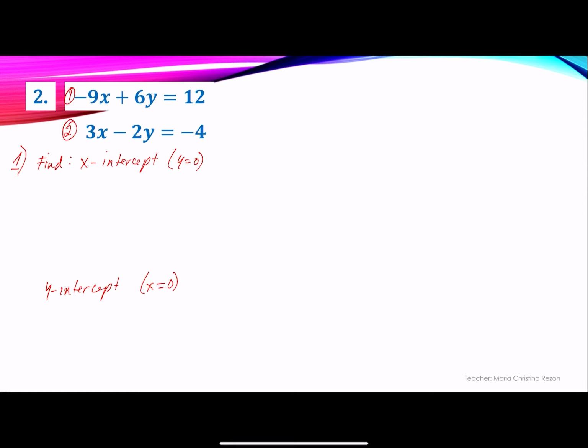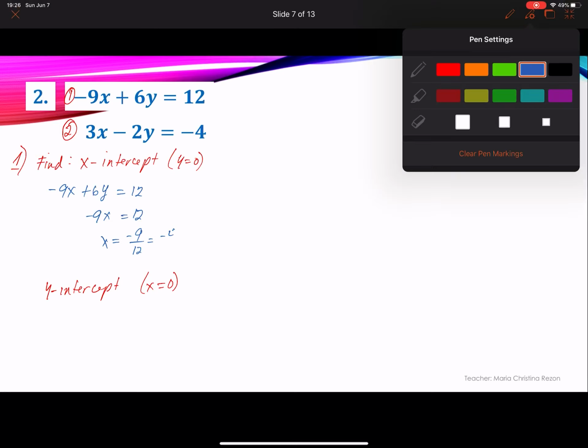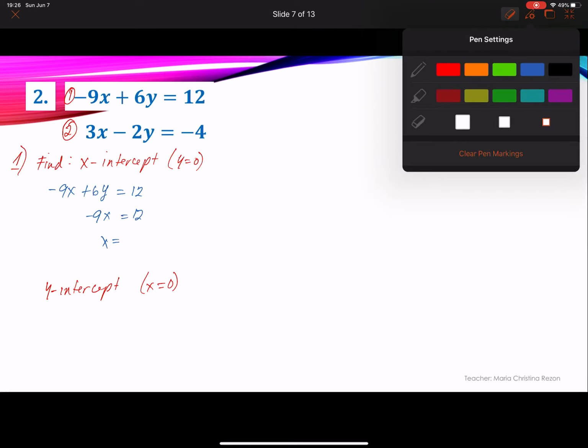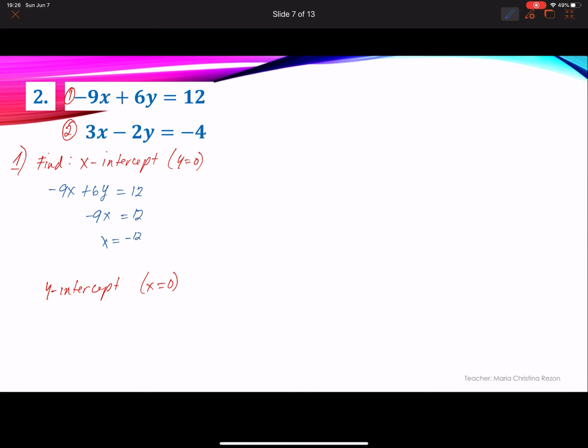Then let's have, for our first equation, negative 9x plus 6y is equal to 12. Set y to 0, so negative 9x is equal to 12. X is equal to negative 9 over 12. Sorry, that should be negative 12 over 9, or that is just equal to negative 4 over 3.